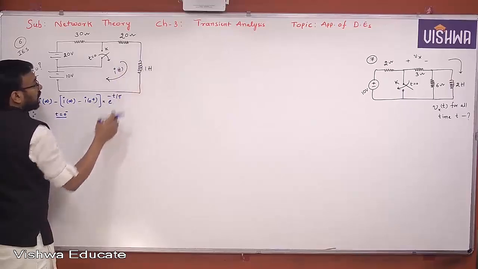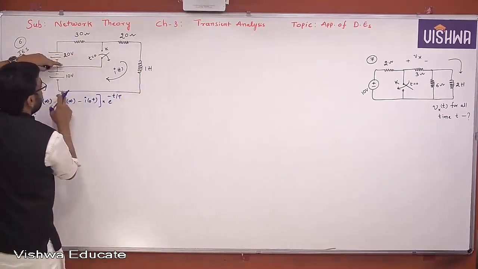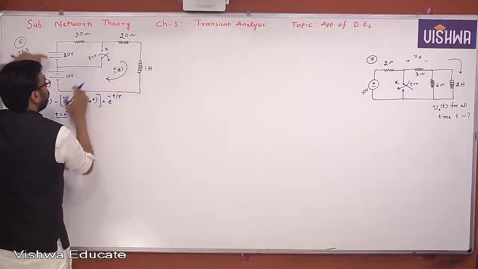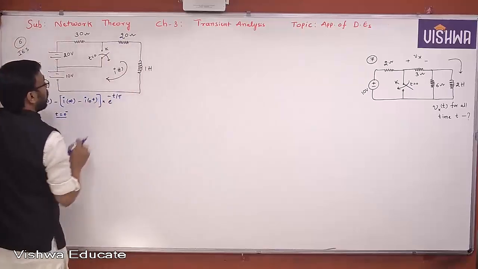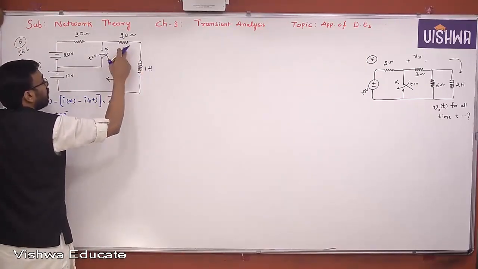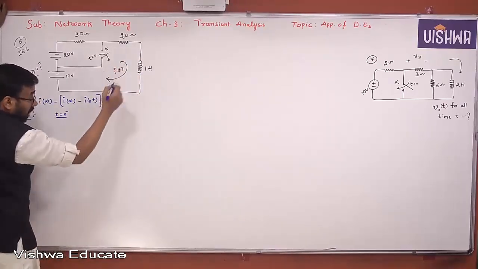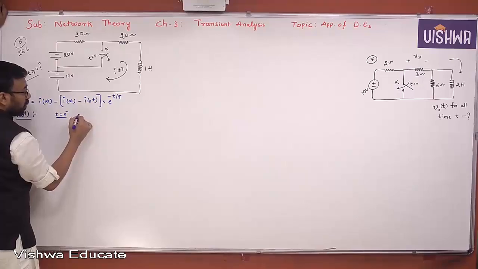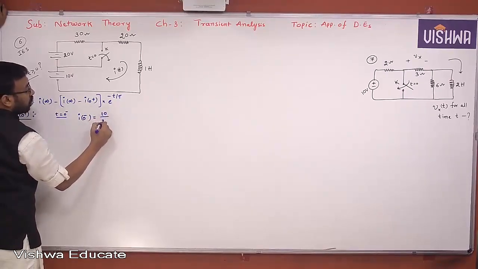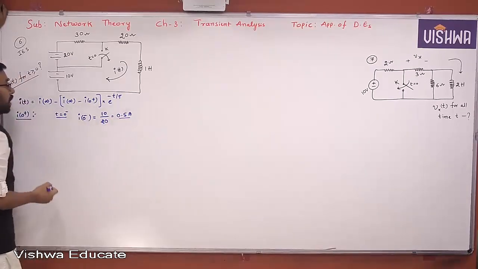So this entire 10 volts appears across the 20 ohm. 10 by 20 gives 1 by 2 ampere, flowing through the 1 Henry inductor. Therefore, i of 0 minus is 10 by 20, that is 0.5 ampere. Understood, all of you?